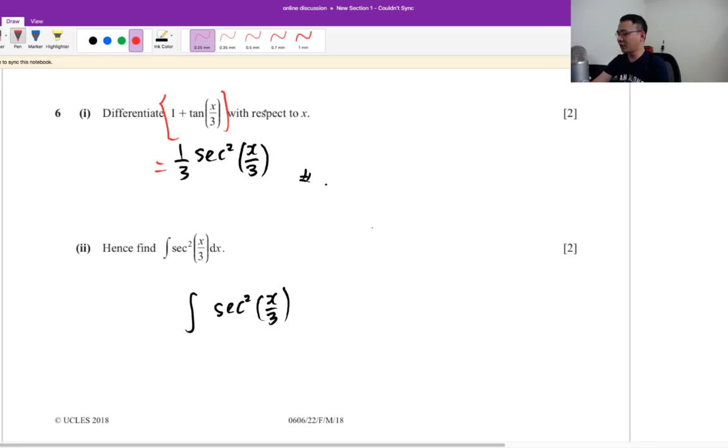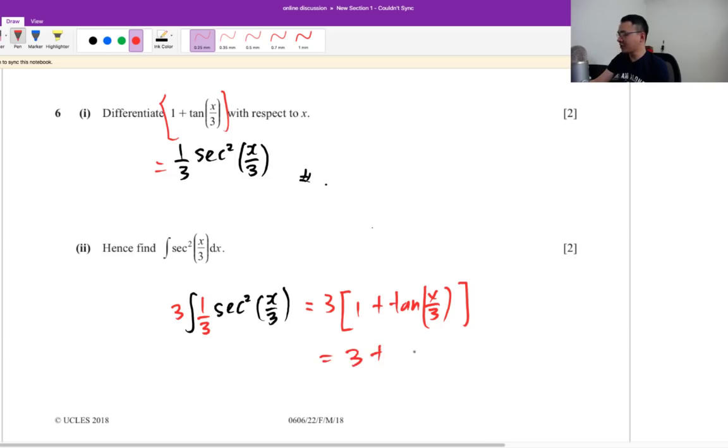Alright, so what I will do here is, I have 1 over 3 here, but here I don't have 1 over 3, so I will add it myself. So you can see I basically multiply the 1 into the secant square, and I then change the value. If I integrate this thing, I will get 1 plus tangent x over 3.